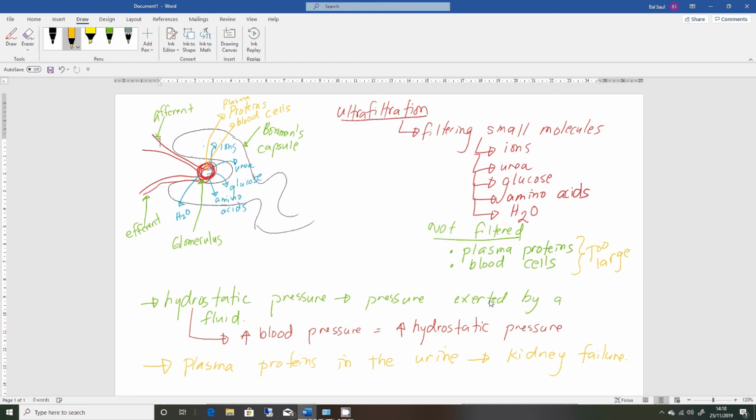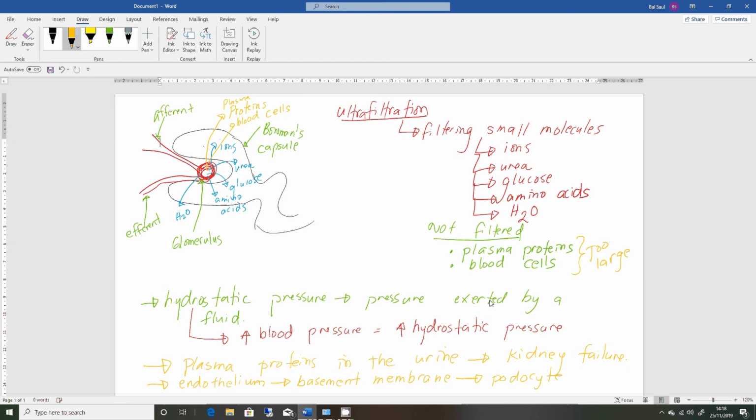Another thing that they will expect you to know is how these molecules are passing from the glomerulus into the Bowman's capsule. Basically, they pass through the endothelium, then they go straight to the basement membrane, and then go through the podocytes.